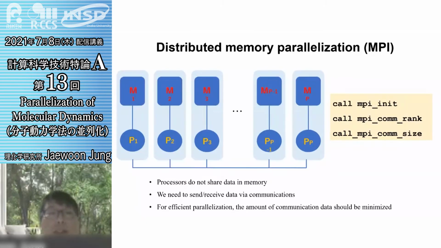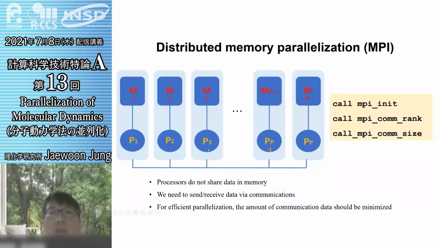Another parallelization is distributed memory parallelization. One example is MPI. In this case, every processor has its own memory, and each processor does not know the information of other processors.